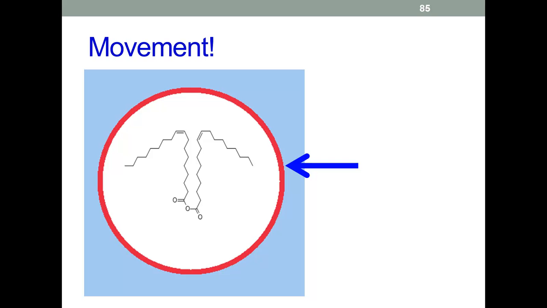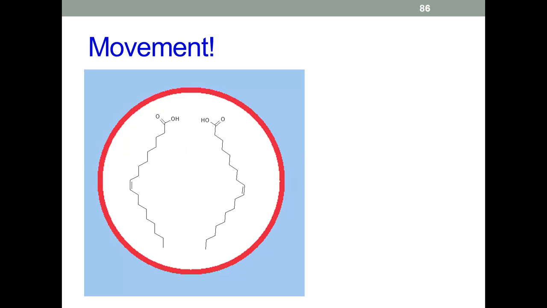So here's a little schematic of what's happening. The red circle is the nitrobenzene droplet surrounded by water, and there's a single oleic anhydride molecule. It comes into contact with the boundary between the nitrobenzene and the water and immediately hydrolyzes to produce, as we've seen, 2 oleic acids.